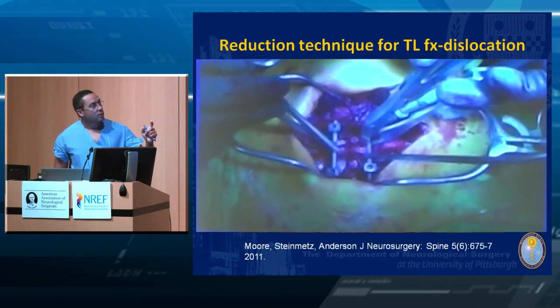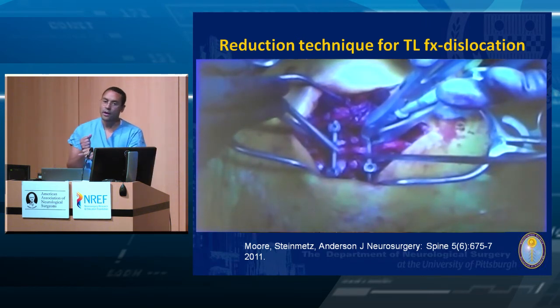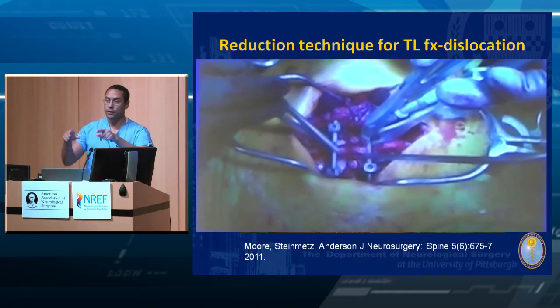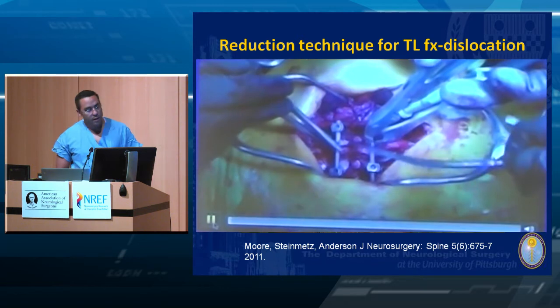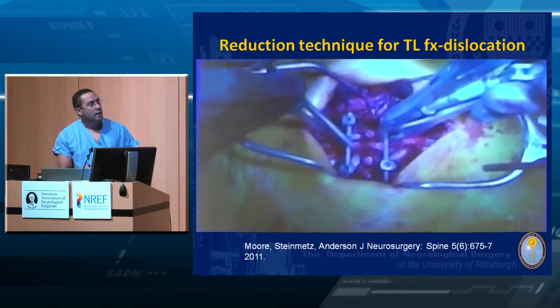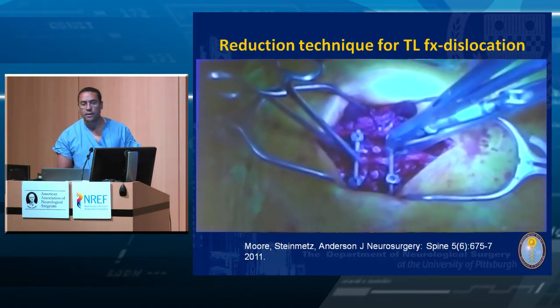This is a nifty little trick that I first learned from Mike Steinmetz in Cleveland. And if you can see here, this is a patient who has a fracture dislocation of the thoracolumbar junction. You can put in your pedicle screws and then put 2 rods horizontally, so not vertically, but horizontally, and actually get a really nice reduction by just taking 2 rod holders and grabbing onto those rods, and then you can reduce the fracture with pretty good control.